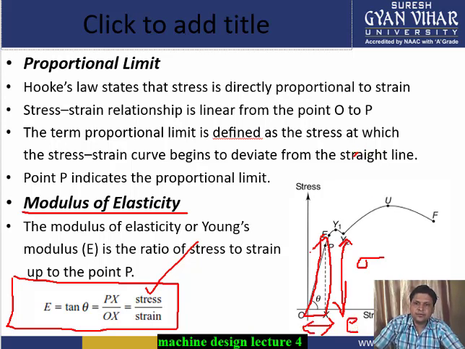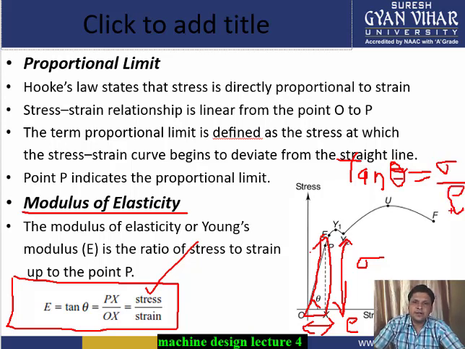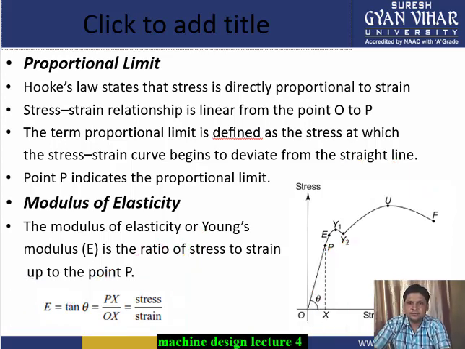So if someone asks you, in this triangle, this angle theta, what will be tan theta? Tan theta will be equal to stress sigma by strain e. All right. So stress by strain is also given by the tan of the angle made by this graph. So E is equal to tan theta is equal to Px by Ox is equal to stress by strain. I hope you have understood this.